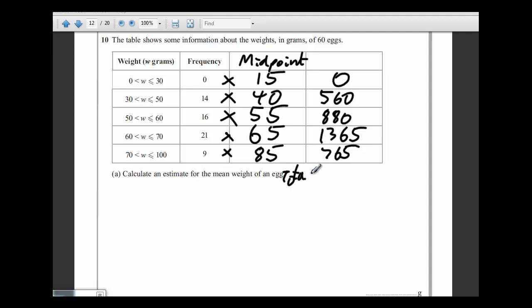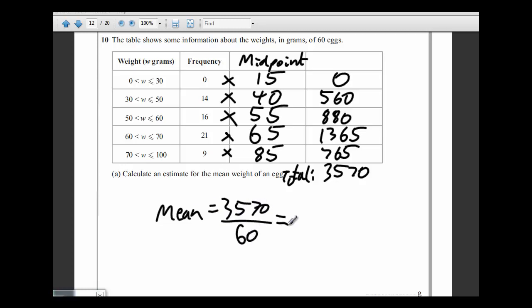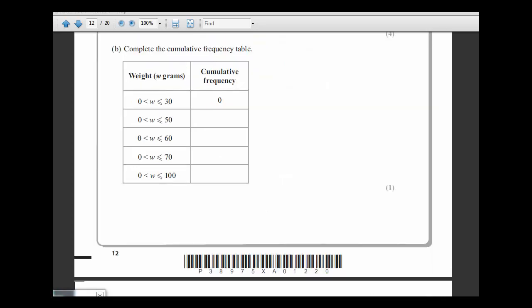So the total then is 3,570. So the mean is 3,570 divided by the number of eggs, which is 60, 59.5 grams.